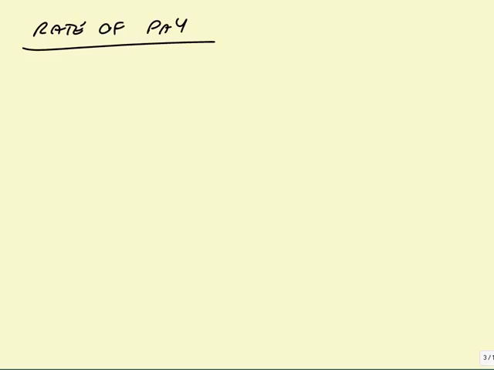Rightly or wrongly, we paid for 52,000 hours. All we're checking here is, did we pay the right rate or not? And so you compare the actual cost with the standard cost.